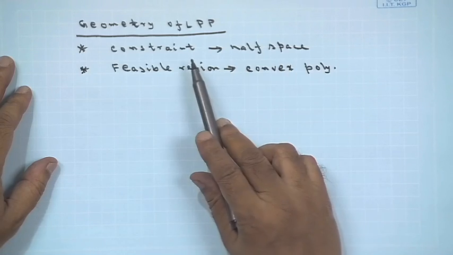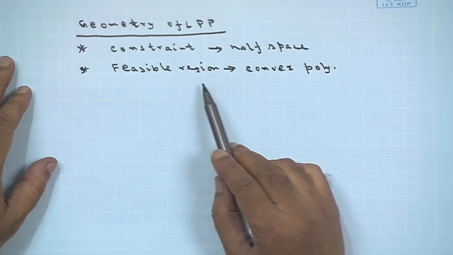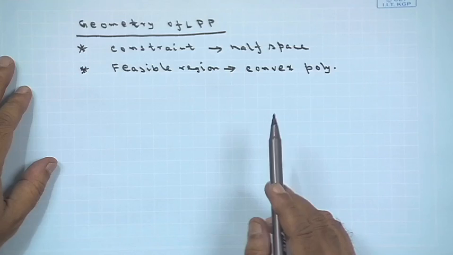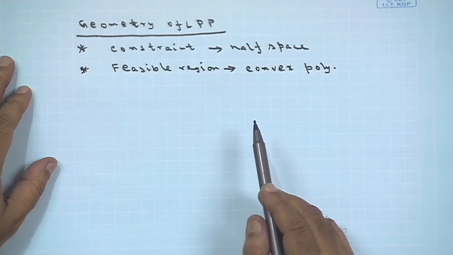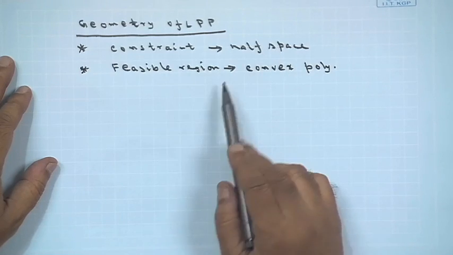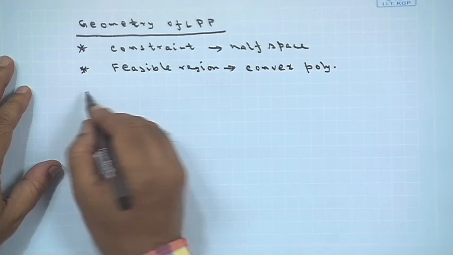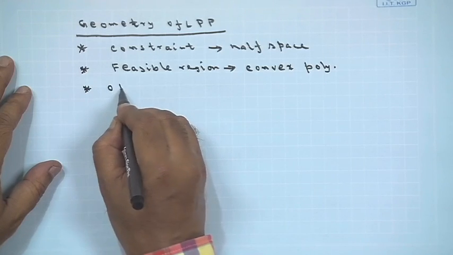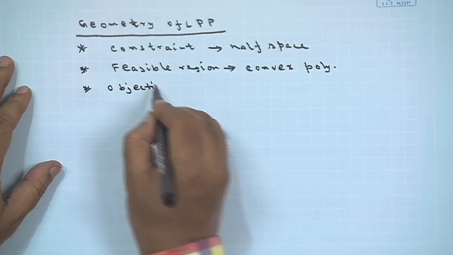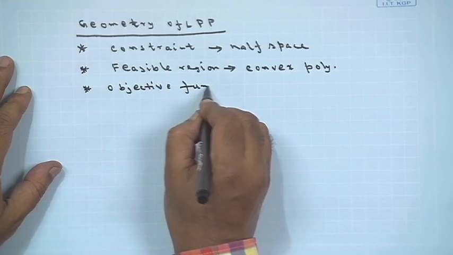Your half spaces are nothing but the constraints. Feasible region is the region which is bounded by these constraints, and this feasible region is nothing but a convex polyhedron. And the last one is you have the objective function.